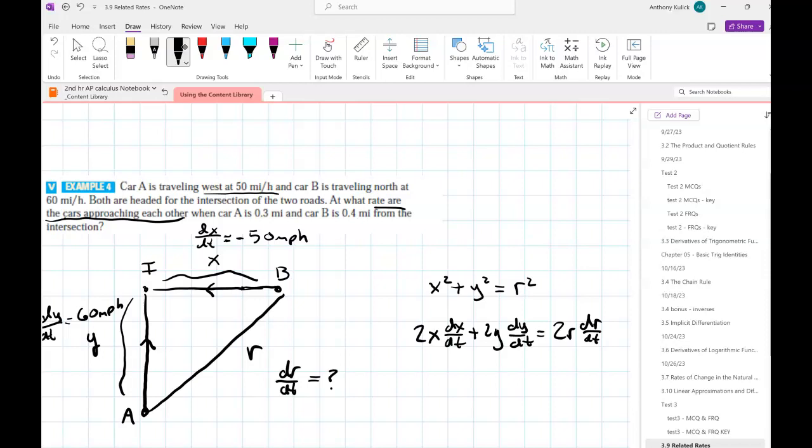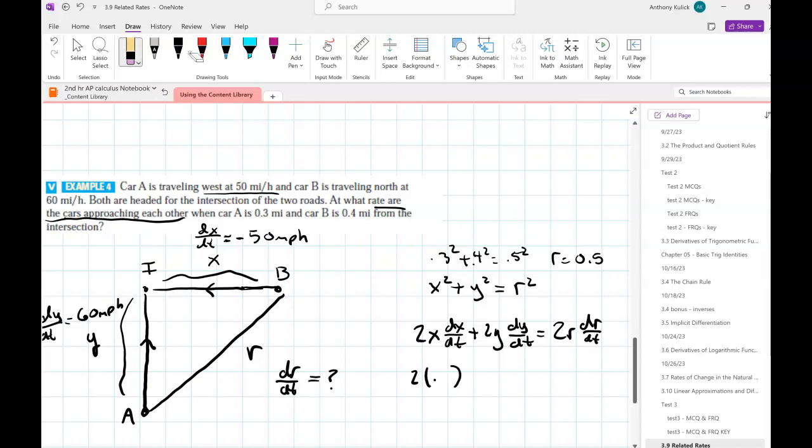And we know r is going to be 0.5, right? I just did the Pythagorean theorem in my head because it's 3, 4, 5. So we fill in x is 0.4.